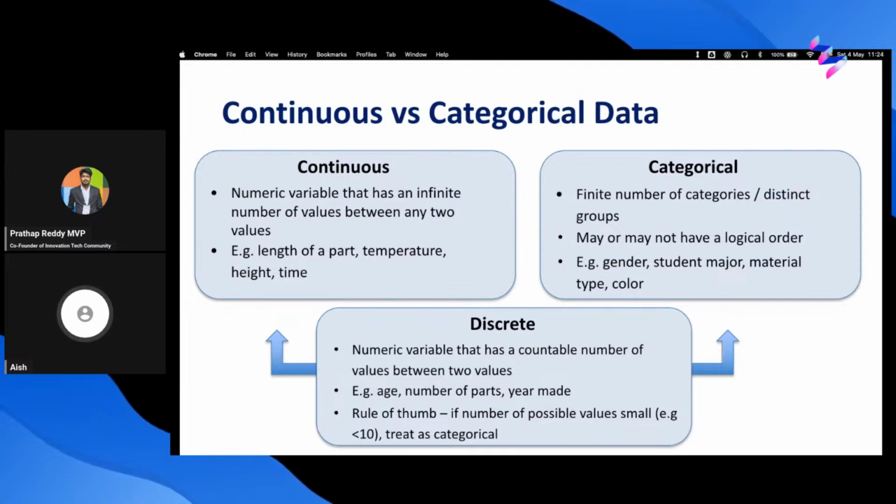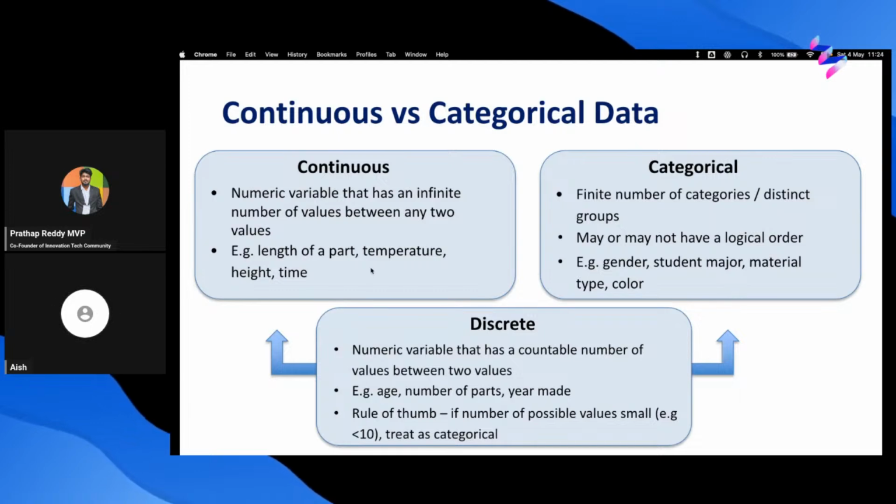Now, when it comes to the data which you commonly encounter in machine learning, you have continuous, categorical, and discrete data. By continuous data, we mean something like, when we were little, we used to learn about continuous intervals and discrete intervals. This is similar to that. Continuous is the kind of data which can take any value within a set interval.